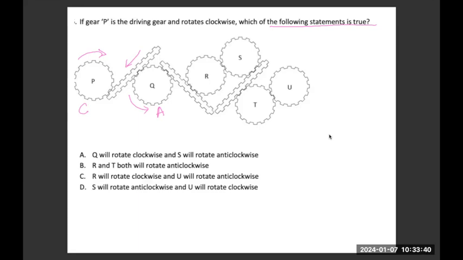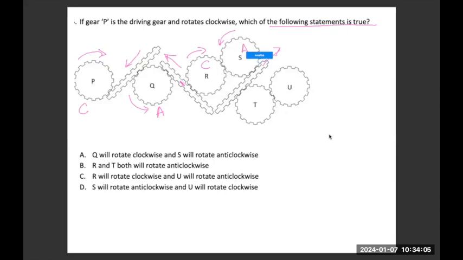If Q is anti-clockwise, it will move in this direction, which means R will rotate in clockwise direction, like this. If R is rotating clockwise, S will rotate anti-clockwise, which means this arrow will be moving upward. So I'll write A here.